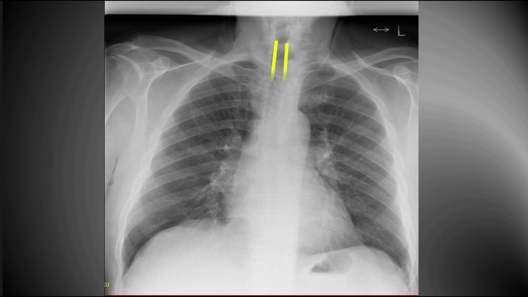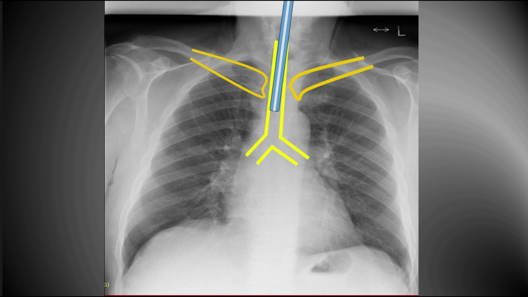Let's draw in the trachea, the carina, the left and right main bronchi, and the clavicles. In general, the ideal location of the endotracheal tube tip is below the clavicles but above the carina. The tube has a radiolucent strip on it so that you can actually see it through the black and white of the image.